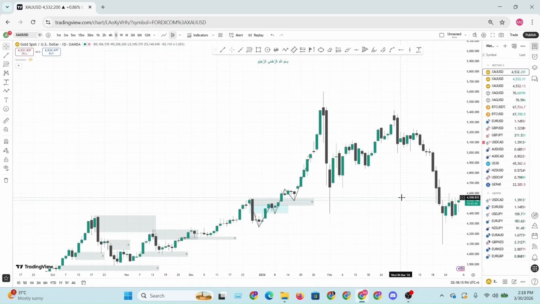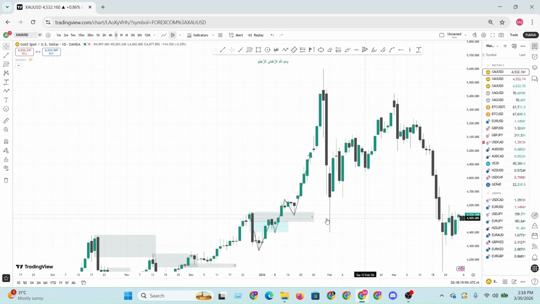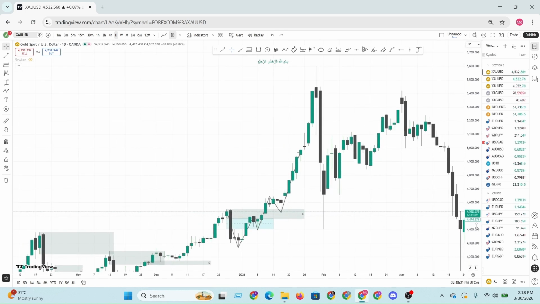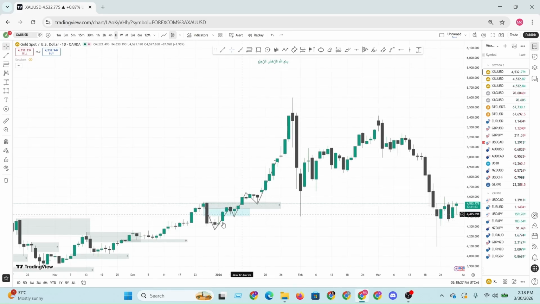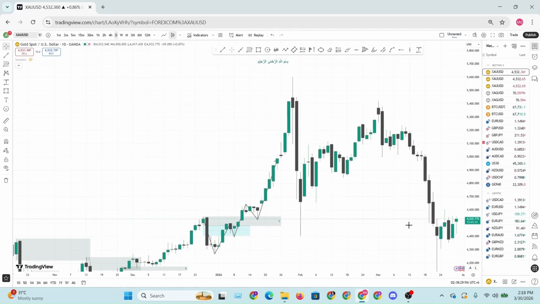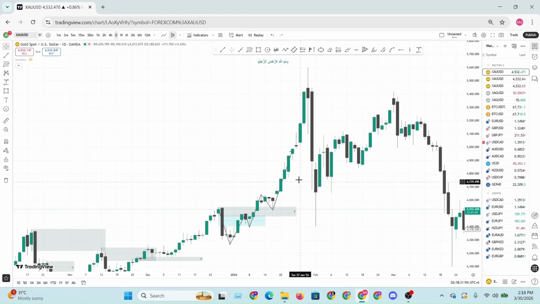Every POI will not work actually. We can see some confirmations in the lower time frame. So mark and observe, watch how it actually moves.